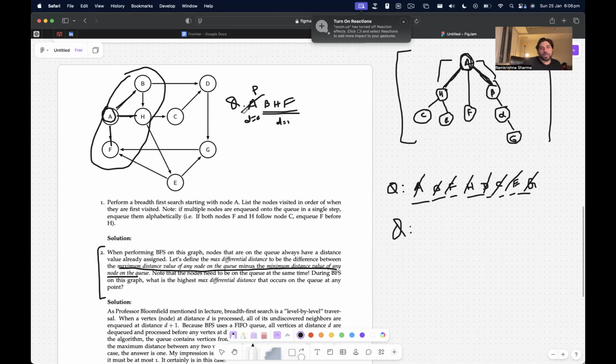If you moved on to the next thing in the queue, you would essentially restart that process.